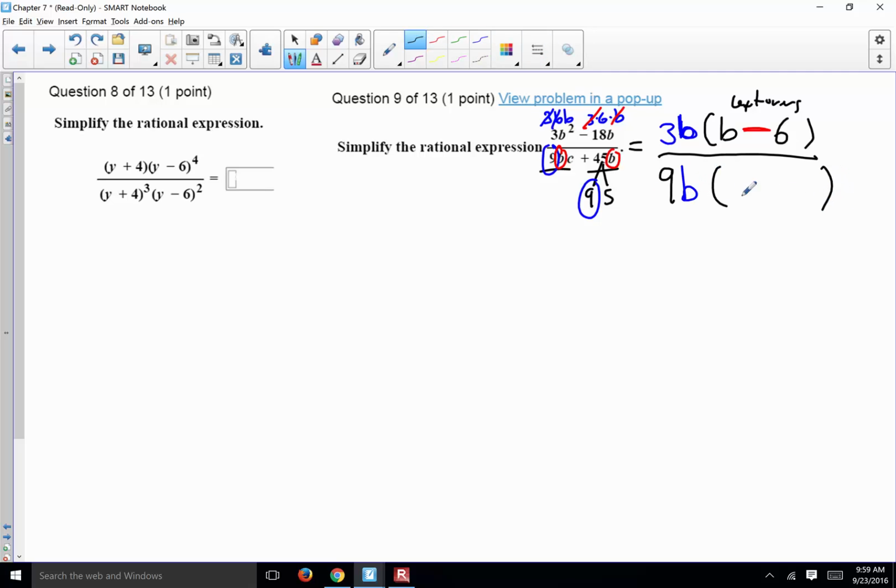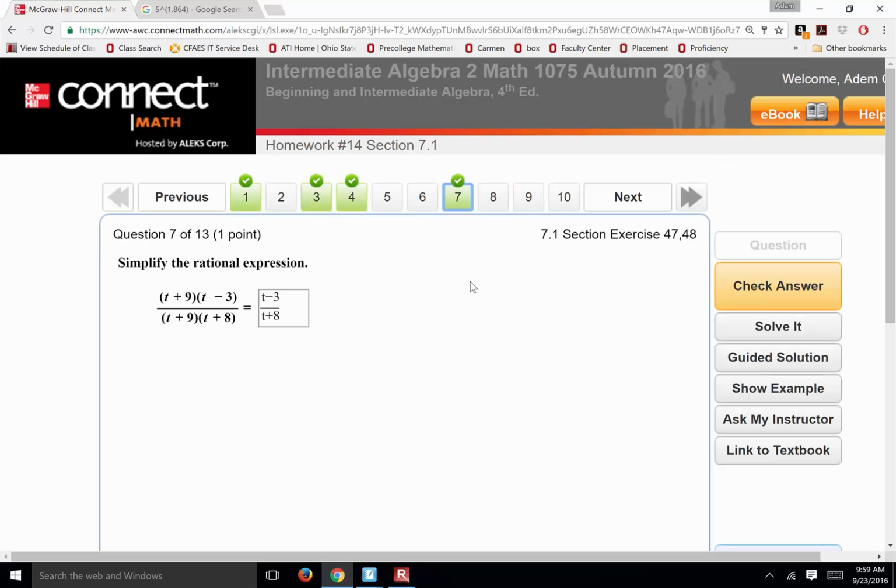And leftover, what is left if I borrow these? C left. And what else? 5. Alright, we're done. Let's go substitute this into Connect Math. Agree?